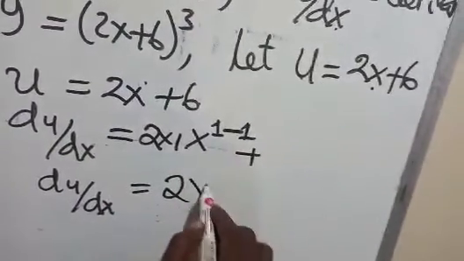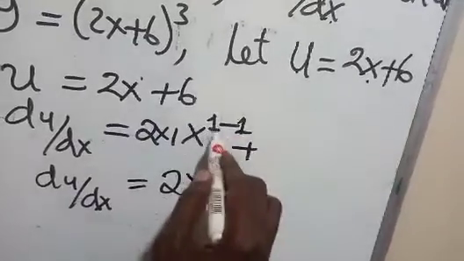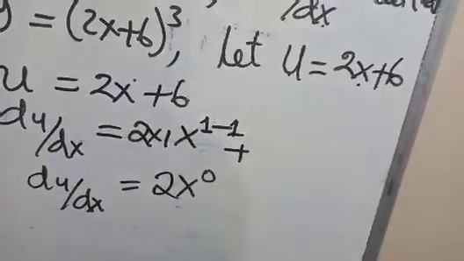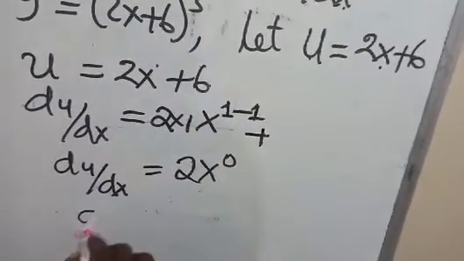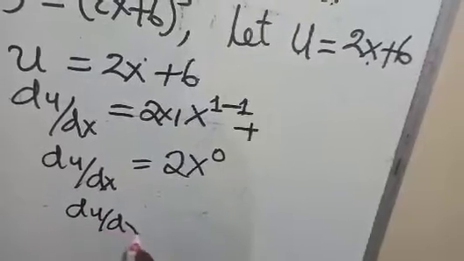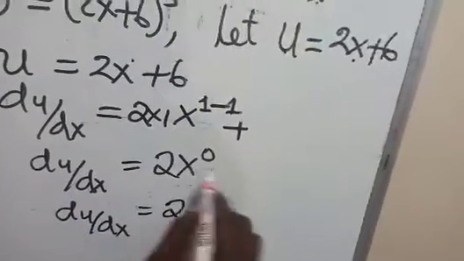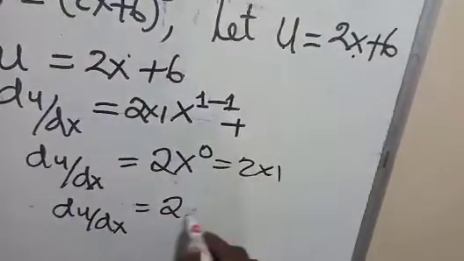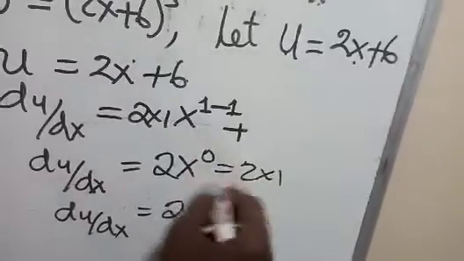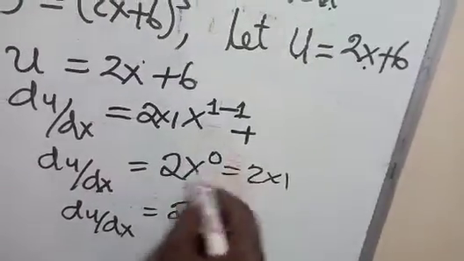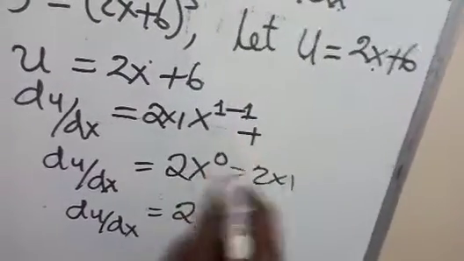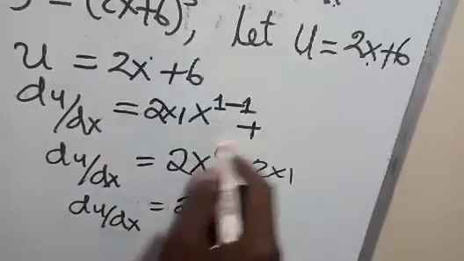Here we find x exponent 0, because 1 minus 1 is equal to 0. So we will get du/dx is equal to 2 times 1, which is 2, because any number or letter with exponent 0 is 1.